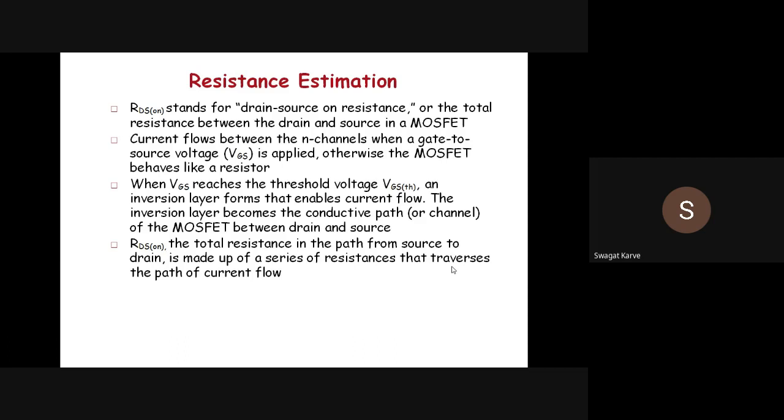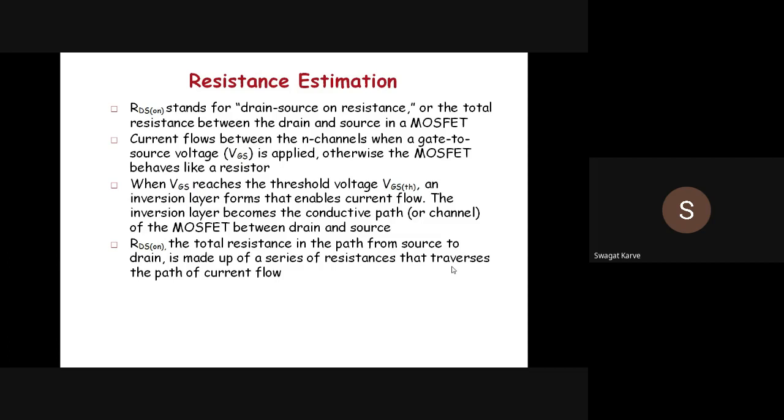That total resistance is known as RDS, the on resistance of the MOSFET, calculated from the drain terminal to the source terminal of the MOSFET.